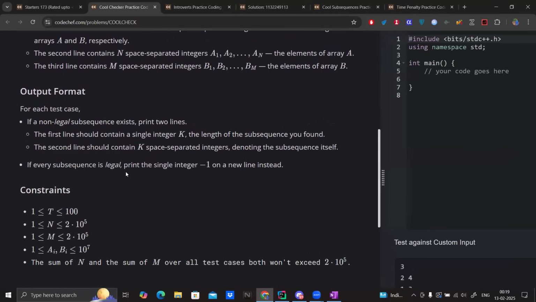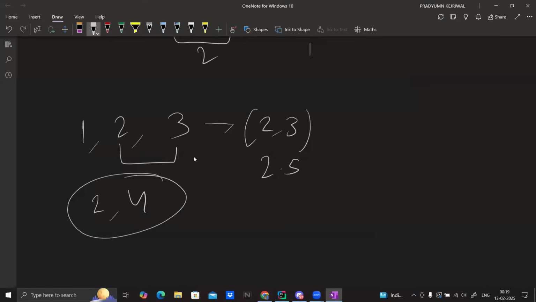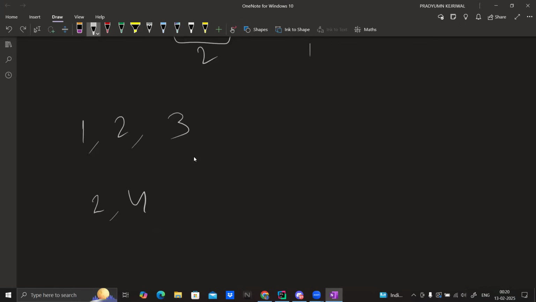If every subsequence is legal, then print -1. Okay, so actually this problem is very interesting because the way that we are solving it is very non-standard. Okay, so let's think about it. Now let's just take this test case only, that A is 1 2 3 and B is 2 comma 4.